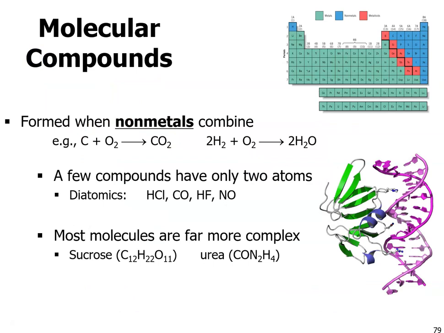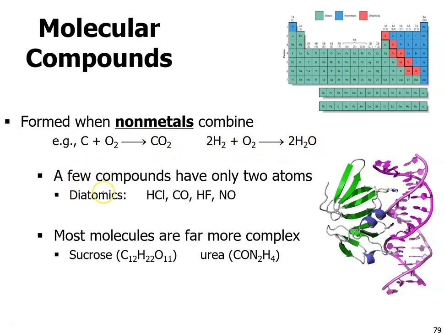Molecular compounds are formed when non-metals combine. So if we're looking at our periodic table on the top here, we can see these elements in blue are non-metals. It's a small number of elements that we're looking at for molecular compounds. This is really the basis for organic chemistry. Carbon and oxygen make CO2, hydrogen and oxygen can make water.